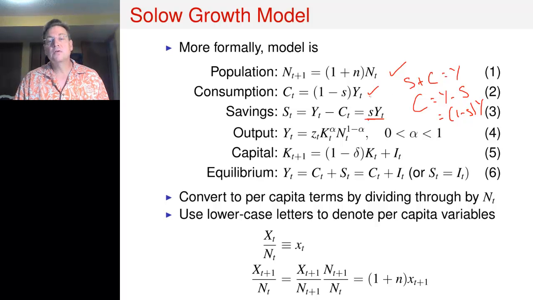All right? So the consumption decision here is not being made optimally. People just have a rule of thumb that says, I want to consume some fixed fraction, 1 minus s, of my income. Now, what does production depend on? Well, now this looks just like our production function from before, except that we now have little t subscripts on these variables.